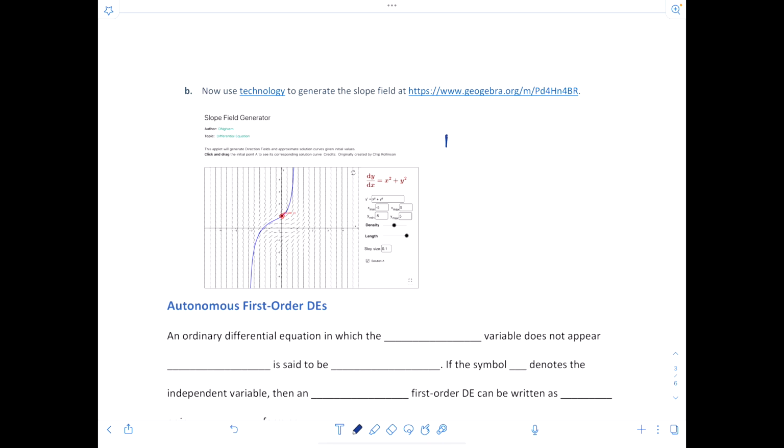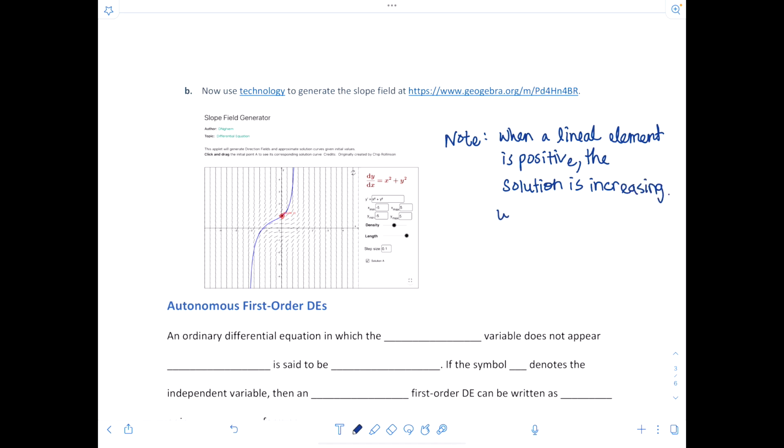One little note here. When a lineal element is positive, in other words it has a positive slope, what do you think's happening? The solution is increasing. Remember that from Calc 1.